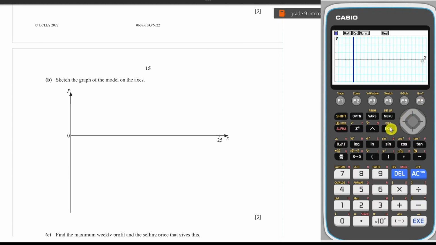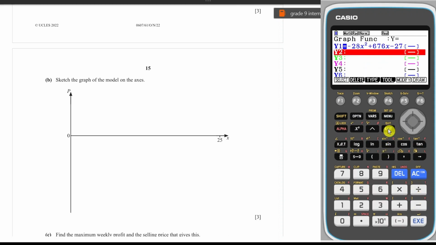Okay, I think something is wrong here. Let's check this. Just zoom out a bit. Okay, seeing something new. Let's see what is wrong. Minus 28 x squared plus 676x minus 2740. Let me just check if this value is input correctly. Yes.